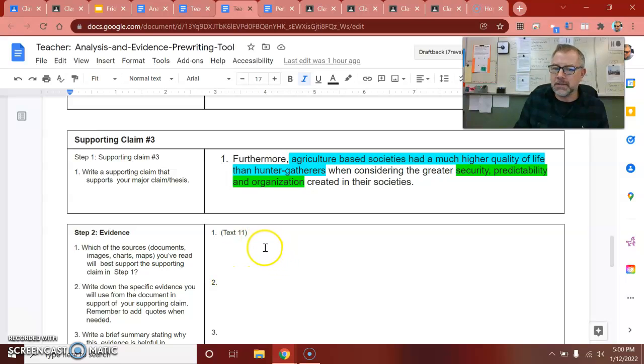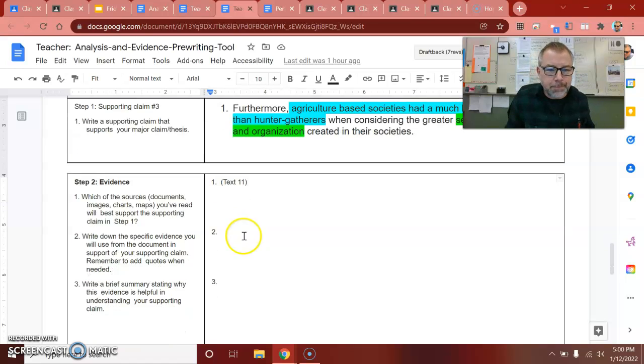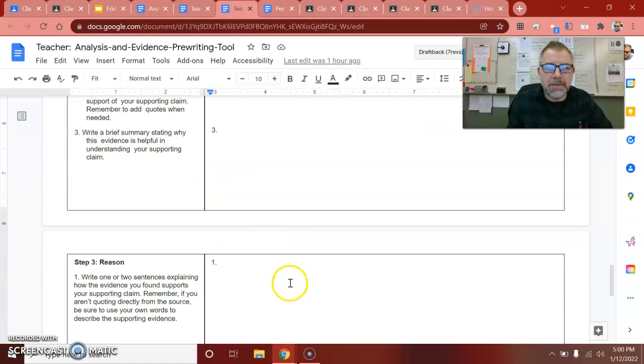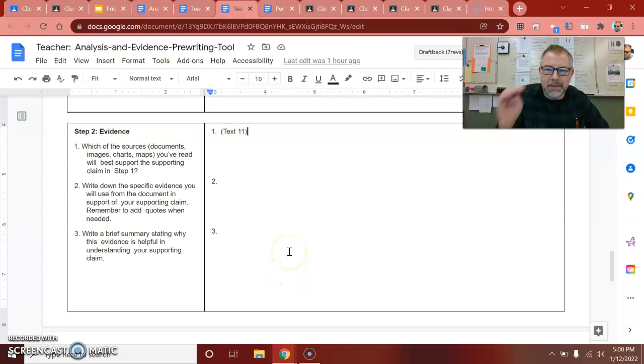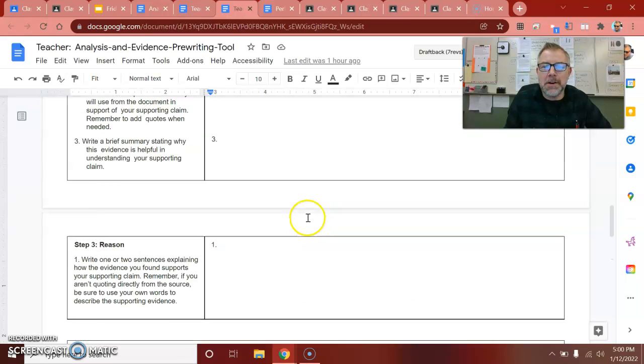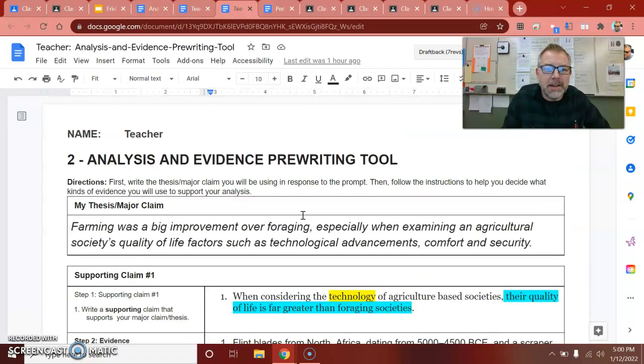And then I could select some text from article or text 11, select a line from that article, and then I could do my concrete detail and my commentary around that. And once I map all this out, I have basically written the body paragraphs of my essay. The only thing I have left to do is finesse these body paragraphs a little, develop a nice introductory paragraph and a nice concluding paragraph, and bam, my essay is written for me.